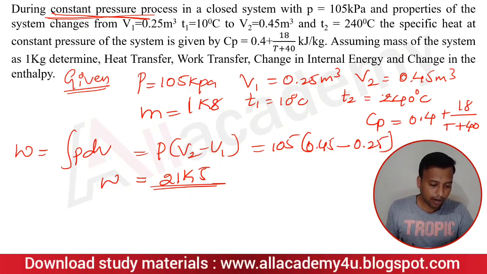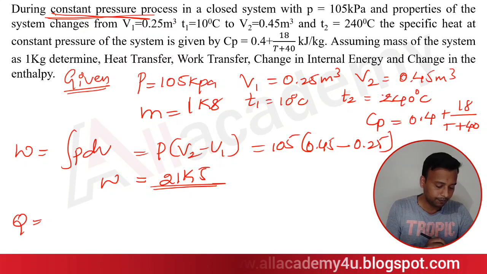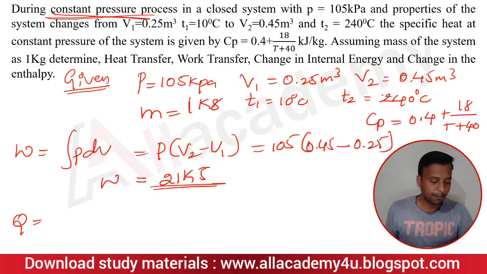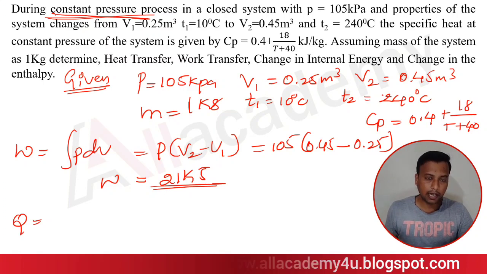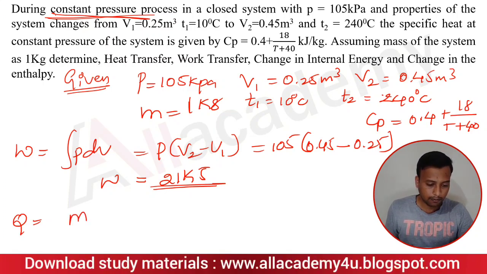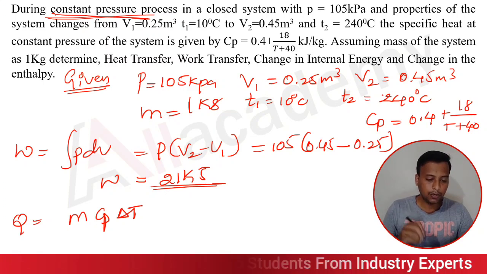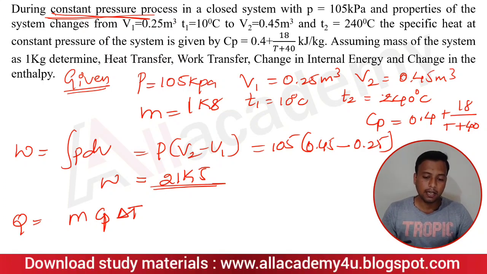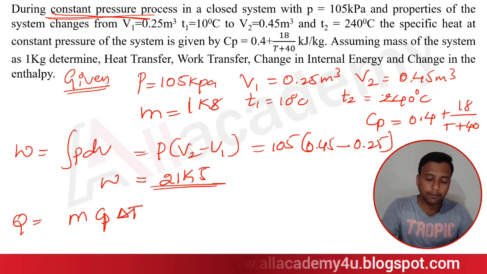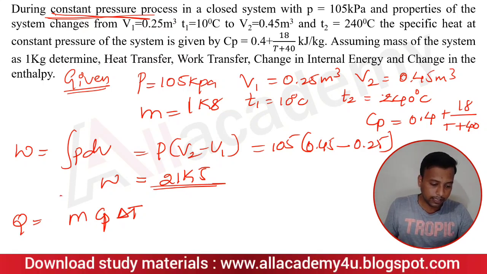Now what is the heat transfer? Q equals mCp into delta T. That is the generalized form, but here there are two temperatures, and Cp is not given directly. It is given in the form of an equation, so I have to integrate this from 1 to 2.